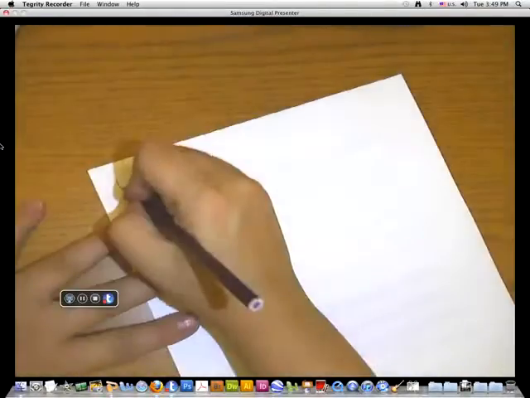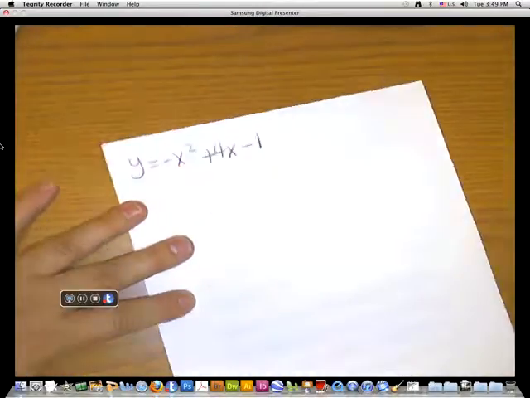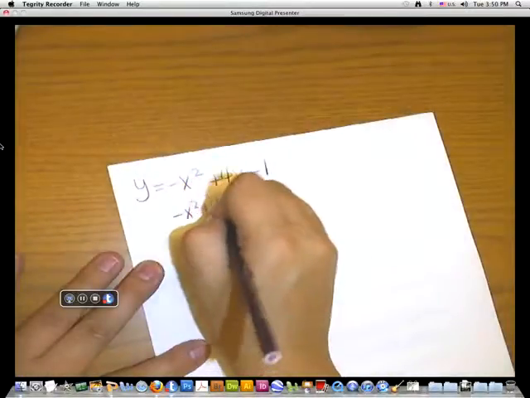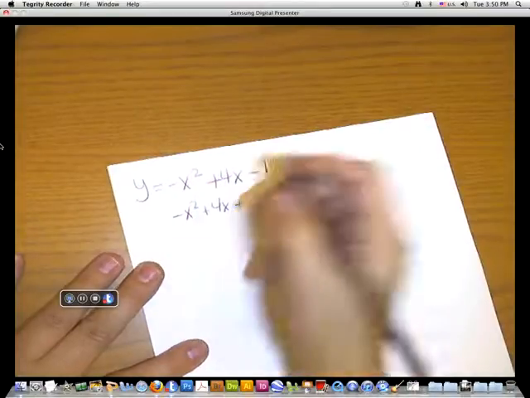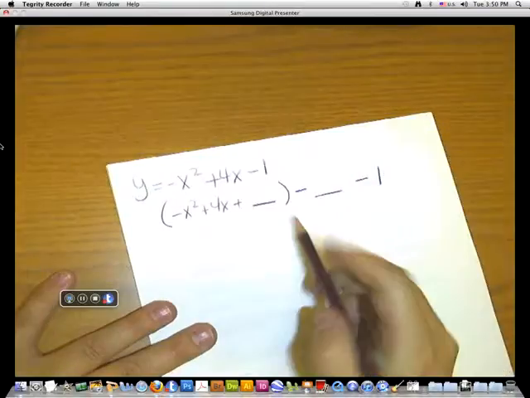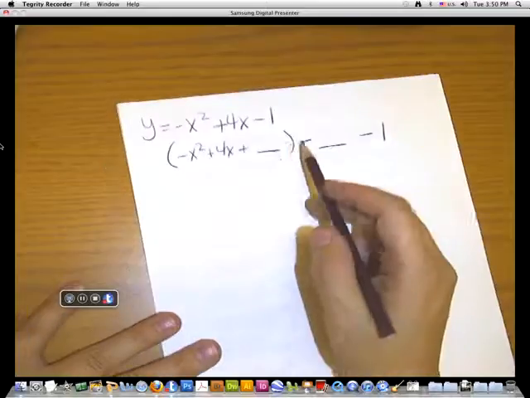Try it again. y equals negative x squared plus 4x minus 1. If you can, pause the video, try to work it out on your own, and see if you can come up with it. So the first thing we want to do is separate off, knowing that we're going to fill in these 2 spaces, one of them added, one of them subtracted.